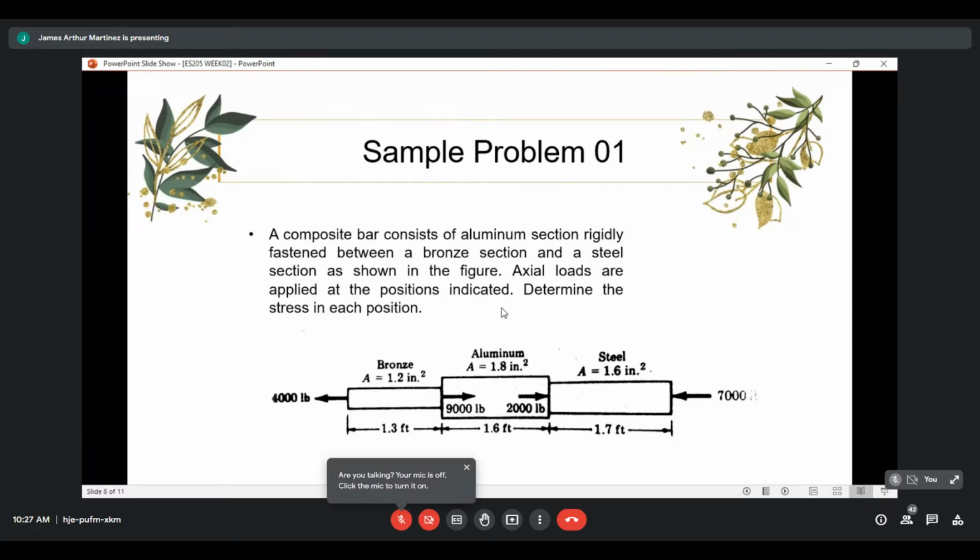So we have axial loads acting on a composite bar, with bronze, aluminum, and steel, and the loads are applied at their specific positions.